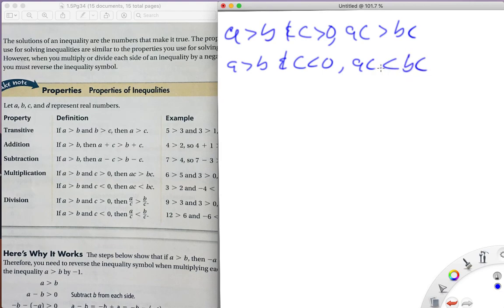Basically, multiplying by a negative number switches the inequality.